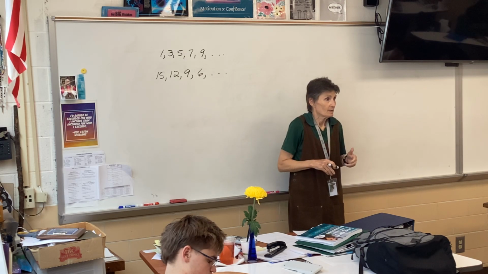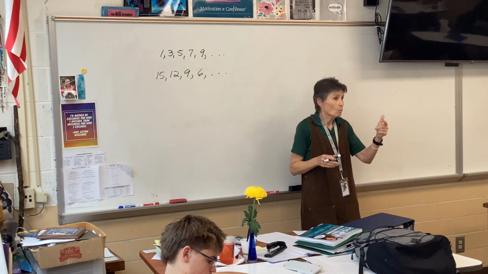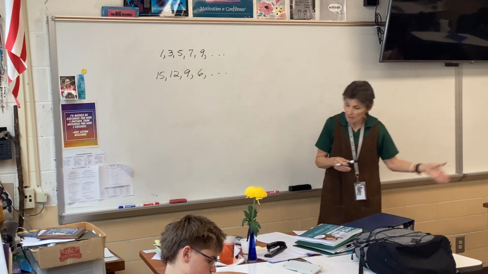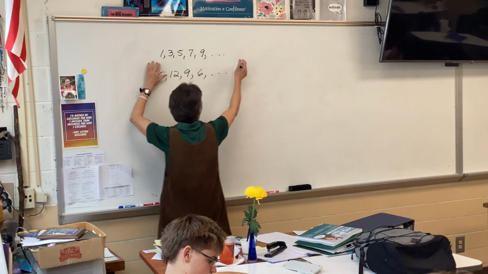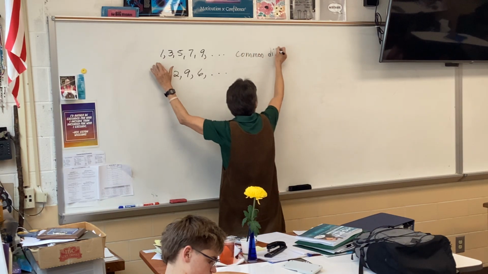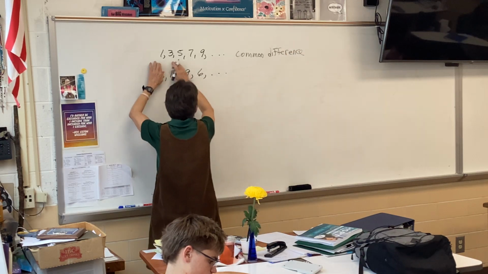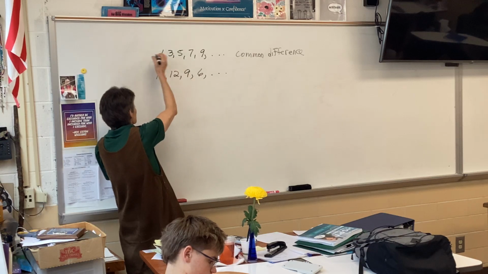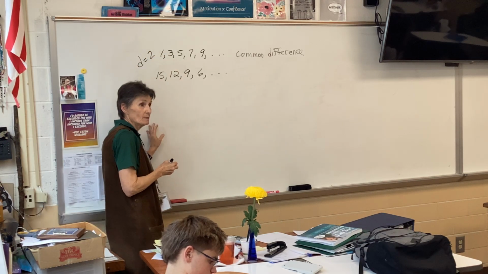Because why? What's going on in these? In both cases, we are adding the same number. We just keep adding the same number. That number that we are adding is called the common difference. So for this sequence, the common difference is 2.